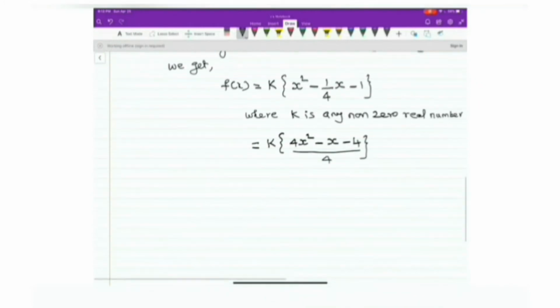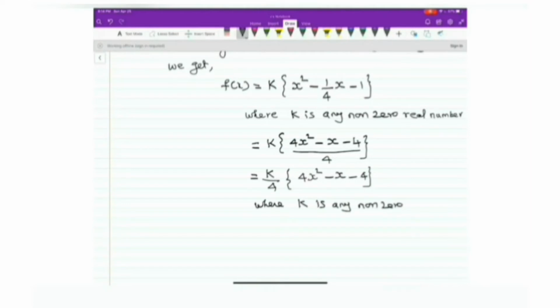This is nothing but k by 4 into 4x square minus x minus 4, where k is any non-zero real number.